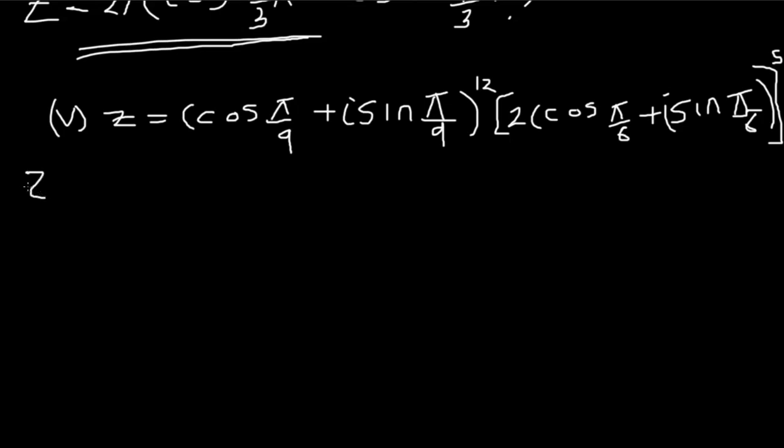So z is going to be, here we don't have the magnitude, the magnitude is 1, so we go straight to multiplying the 12 by the argument that has been given.